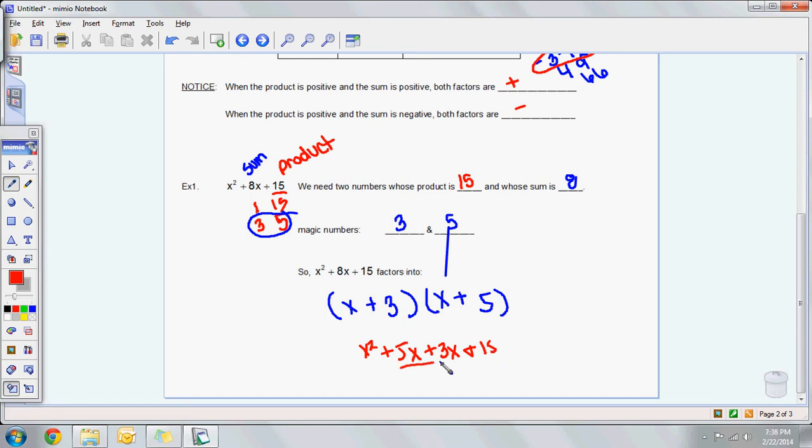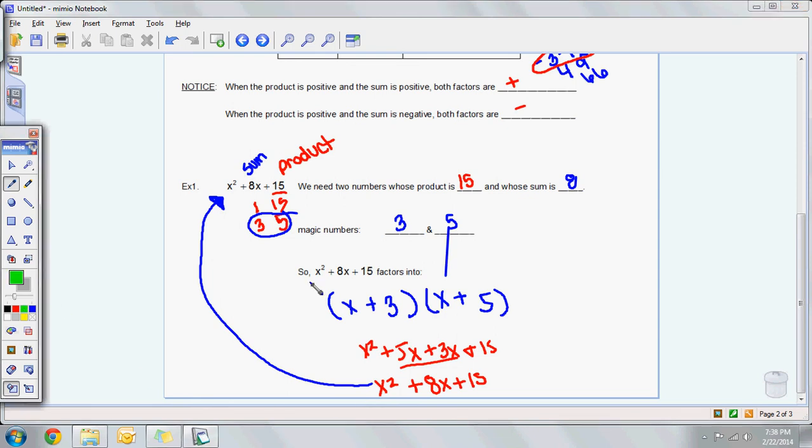And then you combine your like terms, so I end up with x squared plus 8x plus 15. So when you're just starting factoring and you're not sure if you're doing it right, if you remember how to FOIL, if you FOIL it out, you should get your original trinomial. Okay, and this one does check out. So this is my final answer.